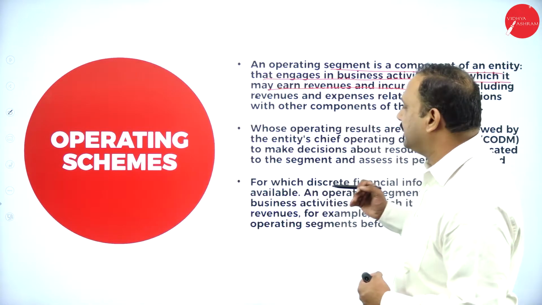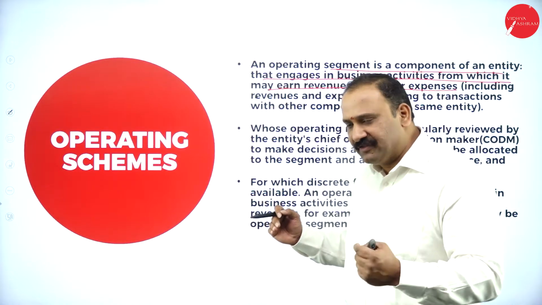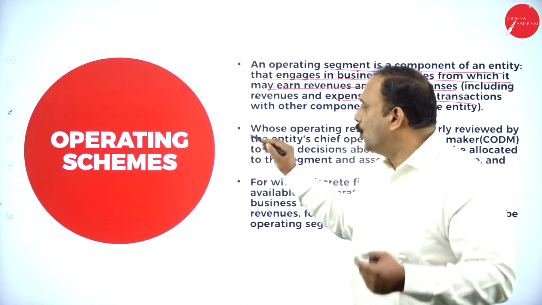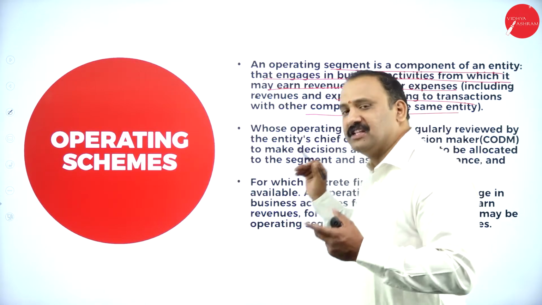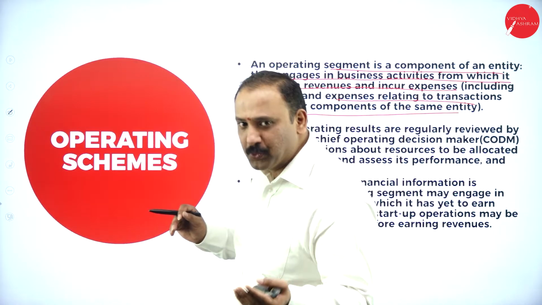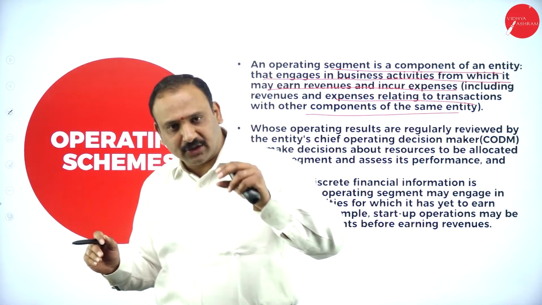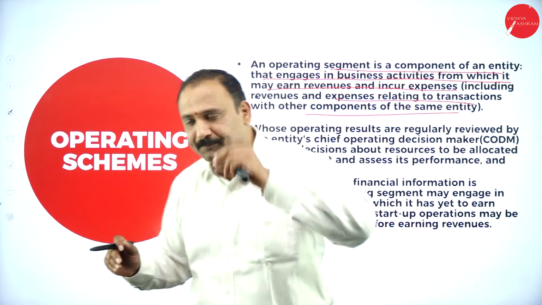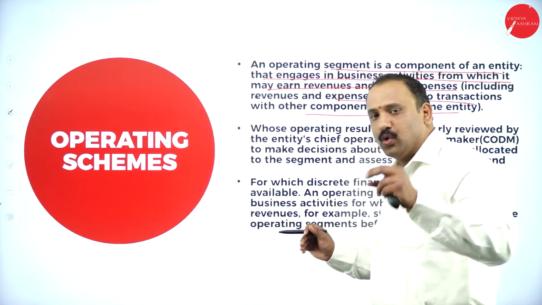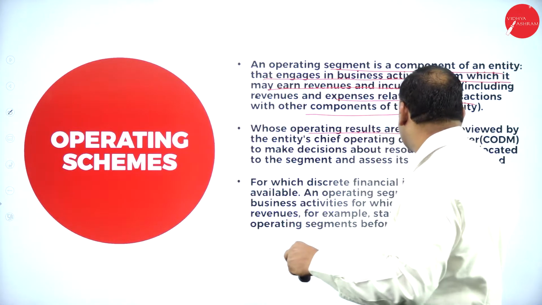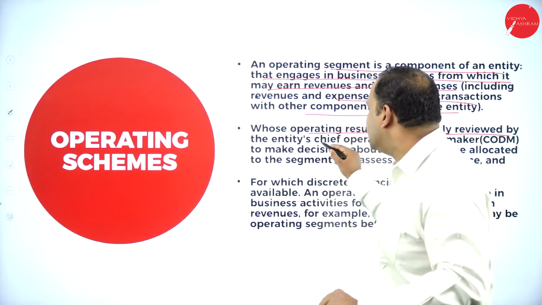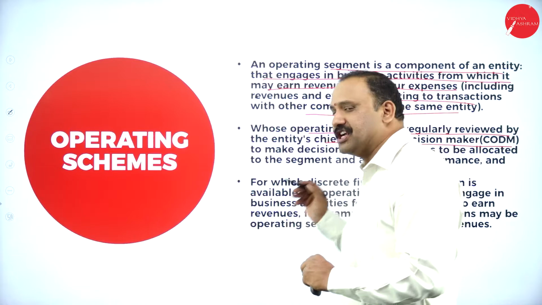Now, what is going to happen here is that the revenue as well as the expenses relating to the transaction with the other components of the same entity. So my revenue, my expenses are going to be recorded from that operating segment only. Now, the second thing is that its operating results are regularly reviewed by the entity's chief operating decision maker.